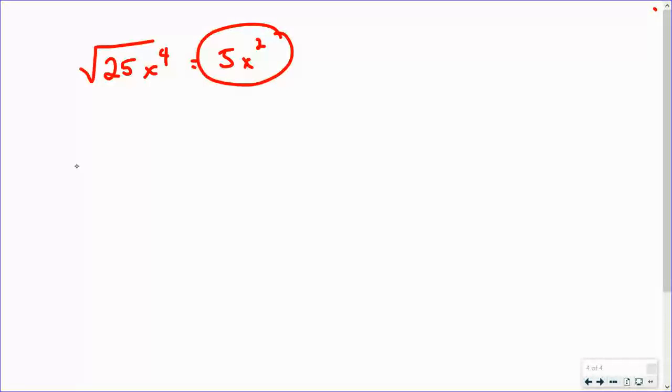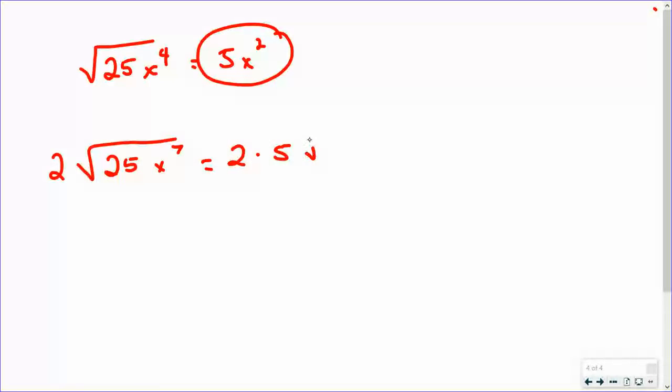Now let's make this problem a little harder, and put a 2 out front, and keep it 25x to the 7th. It's 2 times the square root of 25x to the 7th. Well, that 2 out front stays along. The square root of 25 is still 5, so I'm going to multiply it.